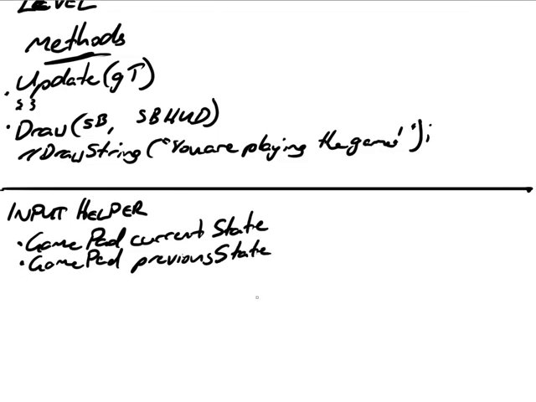Gamepad is going to need to have a few different methods in it. We're going to need to have a way of telling it, have we just released a key or released the button?